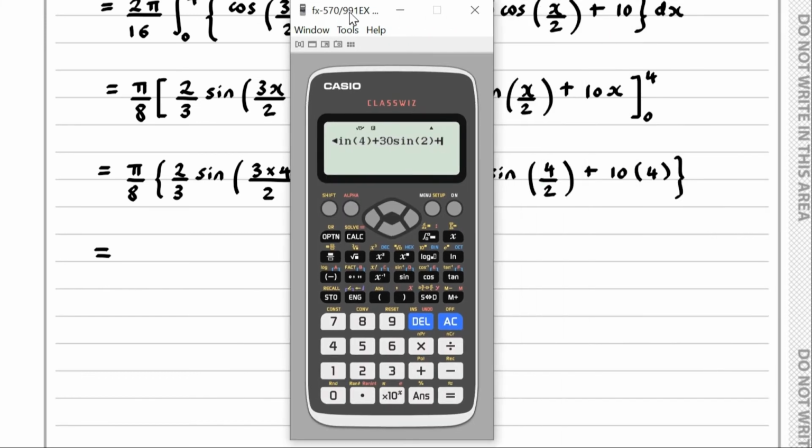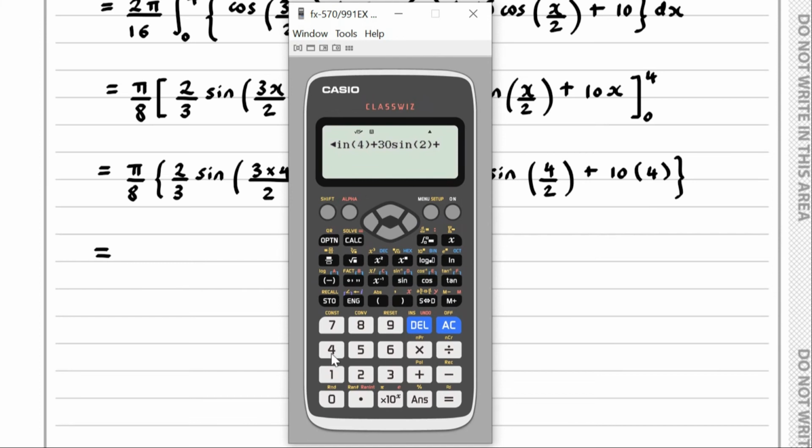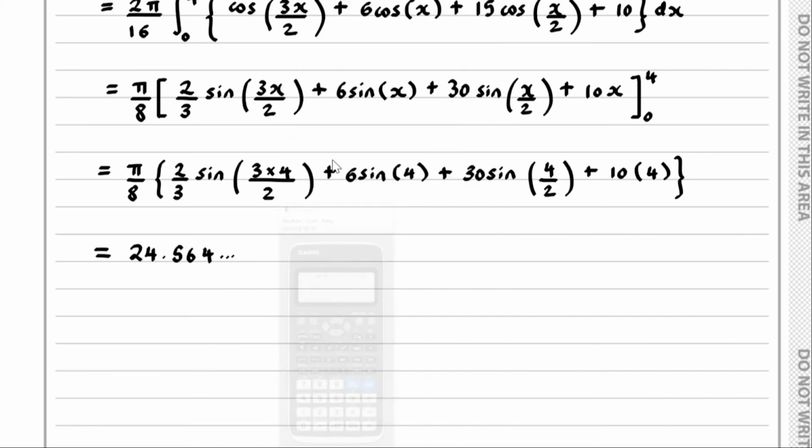And then I also add on to this 10 times 4, which is 40. And then if I divide by 8 and times by pi, we get 24.564, etc. Which to 2 decimal places, we end up with 24.56.